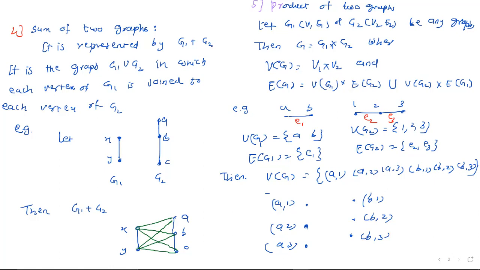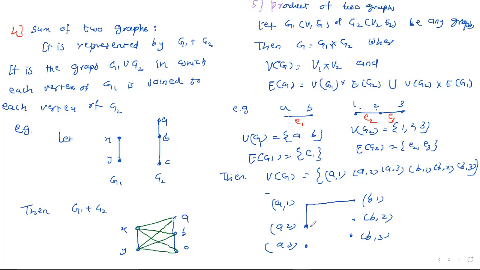Listen, what we do: we have A and B, so there is an edge between A and B. Then there is an edge between 1, 2 and 2, 3 also.